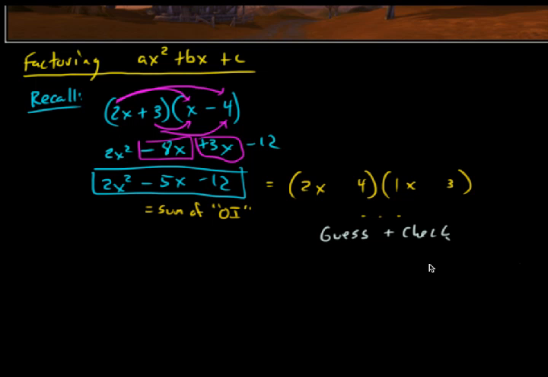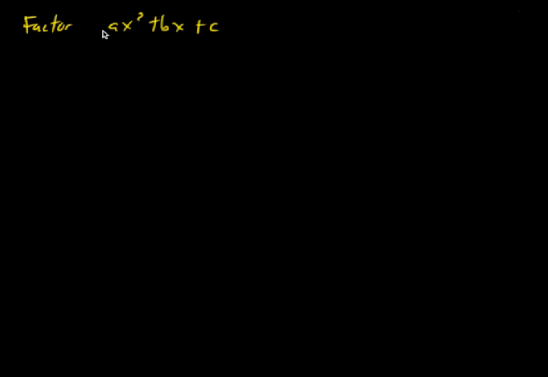It's not very systematic, and it's kind of a pain that sometimes not only do I have to try the different orders, but I also have to consider the signs of those all at the same time. So it can be a little bit tricky. So I'm going to show you a very systematic approach, a very algorithmic way to factor ax squared plus bx plus c.